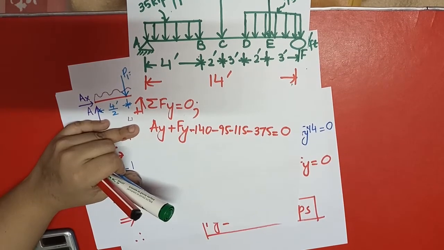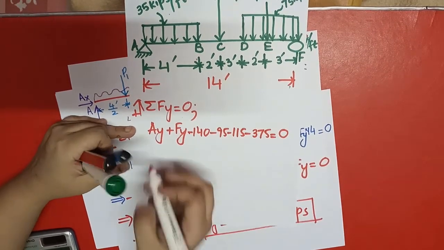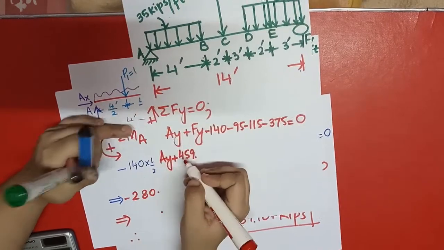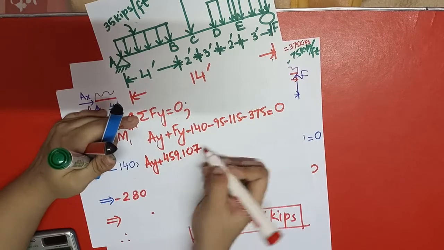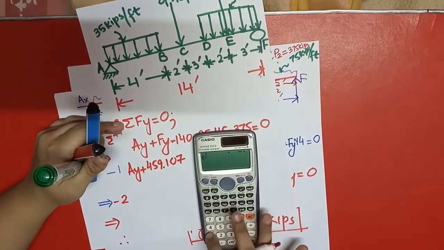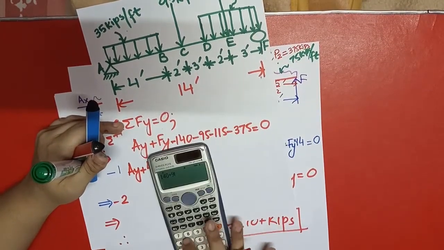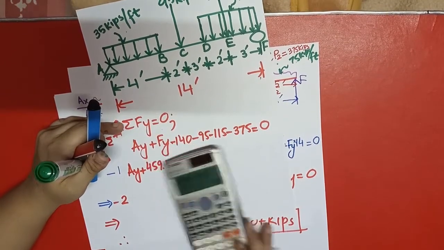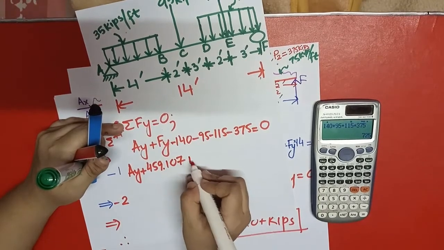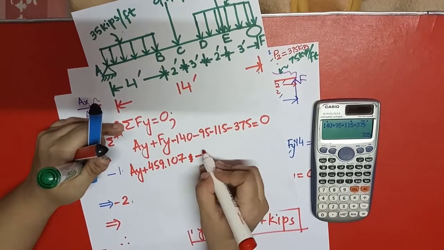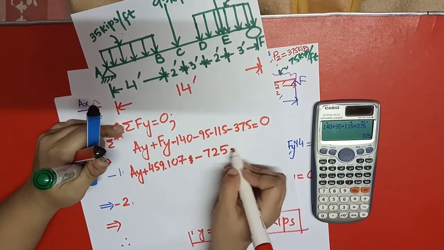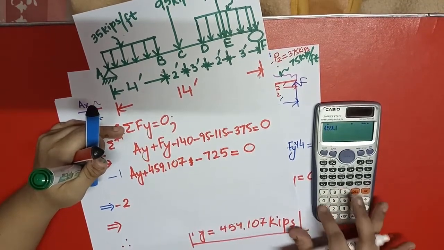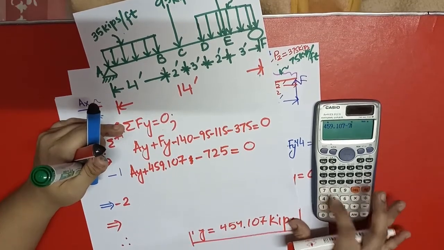So what will be the answer? So Ay plus 459.107, and let me add all these numbers, 140 plus 95 plus 115 plus 375, and the answer is 725. So it will be minus 725 equals to 0, and 459.107 minus 725.